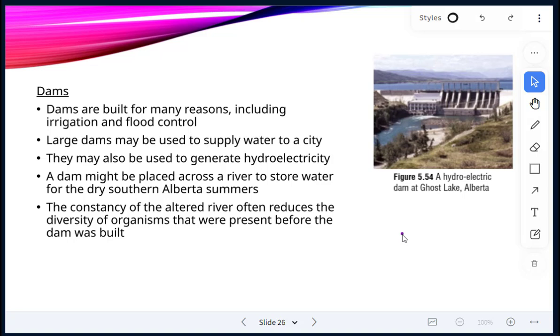A dam may be placed across a river for storing water for the dry southern Alberta summers. The constancy of the altered river often reduces the diversity of organisms that were present before the dam was built. So there are these disadvantages of building dams. It affects the ecosystem, the environment, and organisms that were living there before that dam was built.